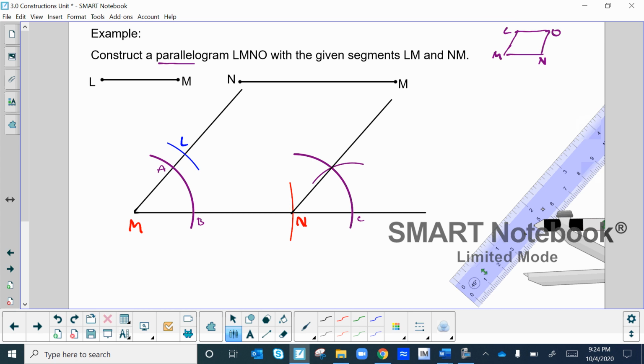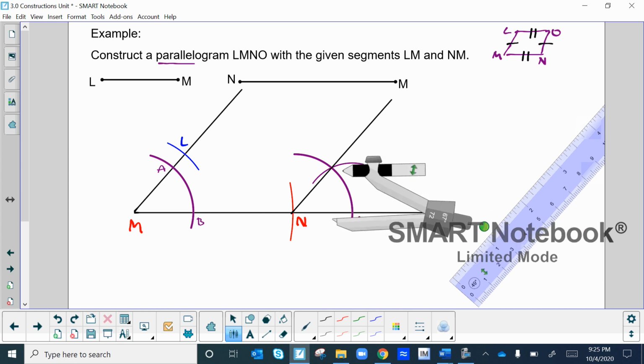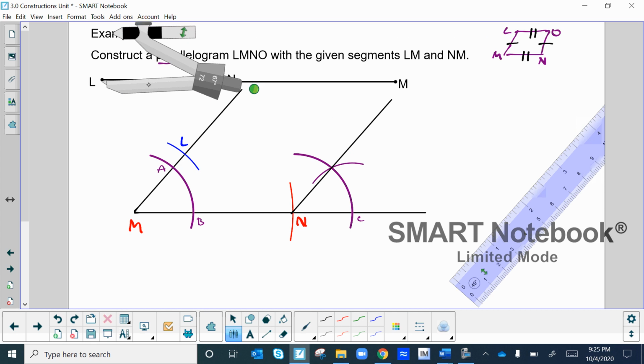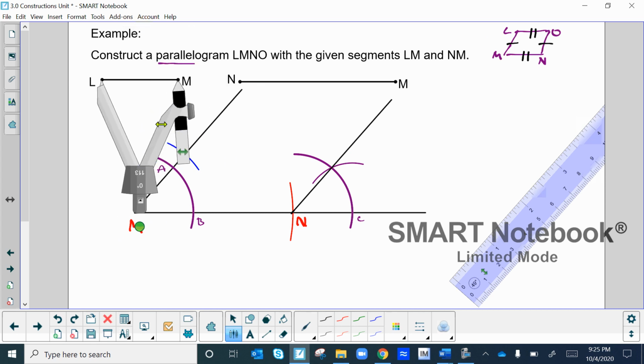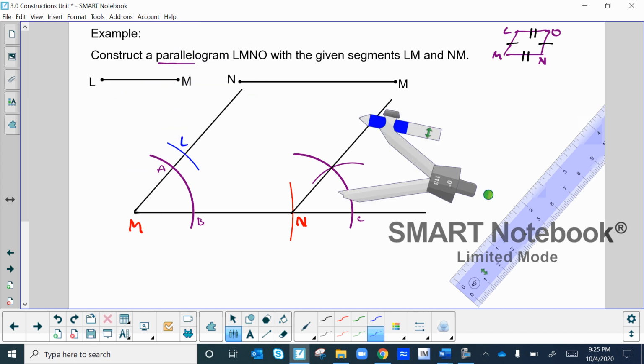this opposite side should be the same side length as LM. Remember that opposite sides are congruent on parallelograms. So I'm going to measure how big LM is again, so I can come over here to the other side and make that arc.